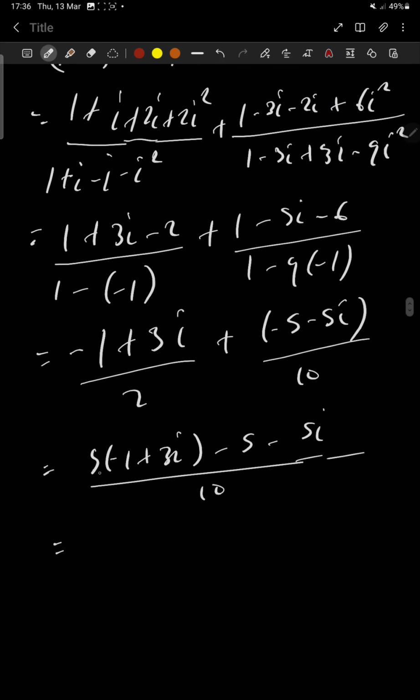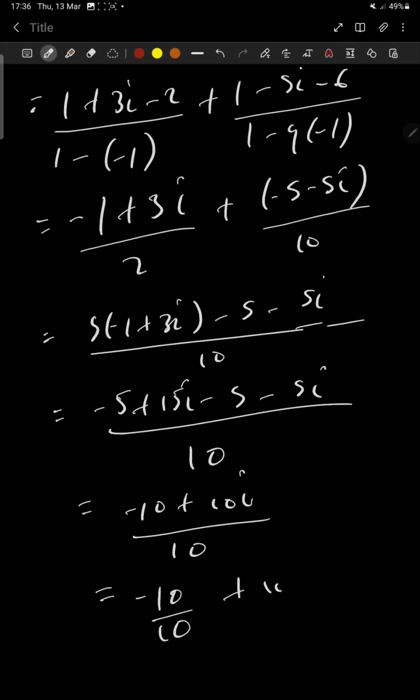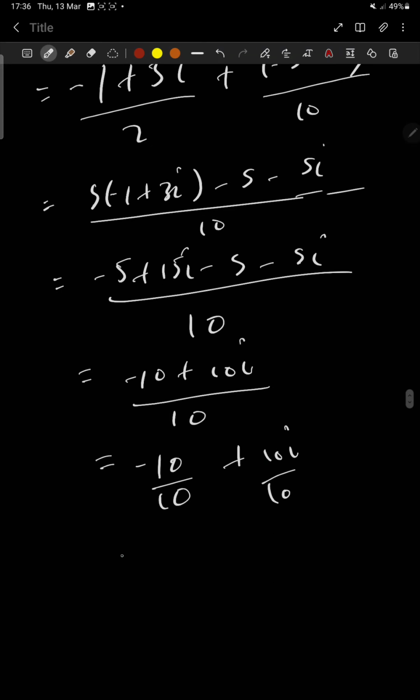I'll expand: negative 5 plus 15i minus 5 minus 5i over 10. So this will be negative 10 plus 10i over 10. This will be negative 10 over 10 plus 10i over 10. So this will be negative 1 plus i.